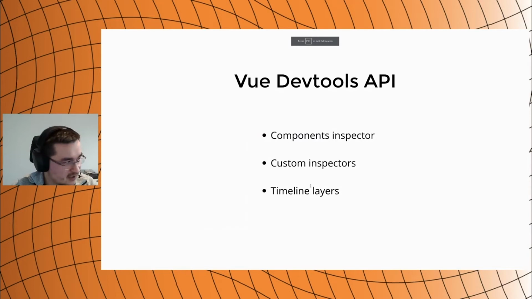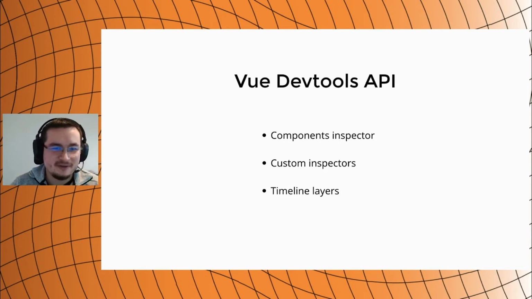Okay, so the main topic of this talk is an entirely new thing in the DevTools, which is the API, which is kind of a new concept regarding DevTools, I think. This is basically going to allow any Vue plugin to integrate with the DevTools. So for example, you can install the Vue 4 version for Vue 3, and it's going to integrate with the DevTools without the DevTools having to hardcode specific logic to handle the filter.